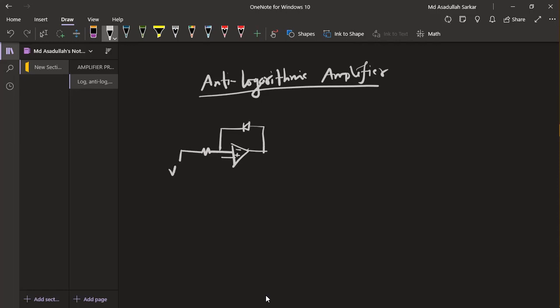And here is V input, and the non-inverting input is grounded, so the voltage here will also be 0. Resistance R, the voltage VD here plus minus, and here V output.